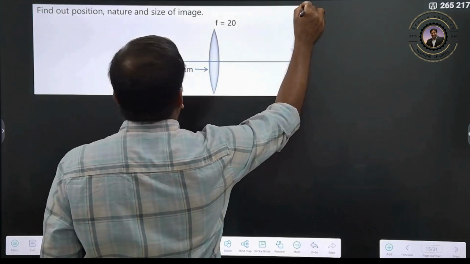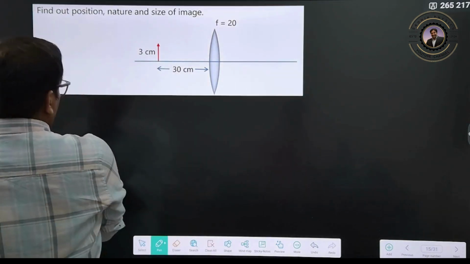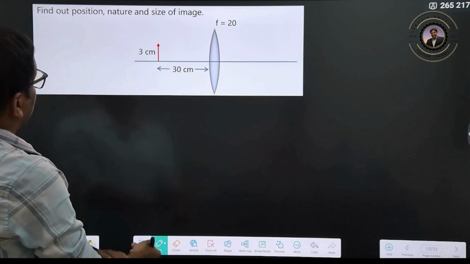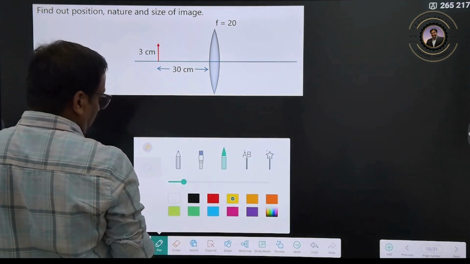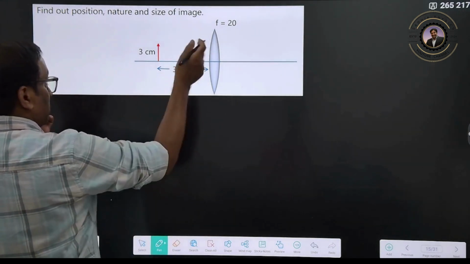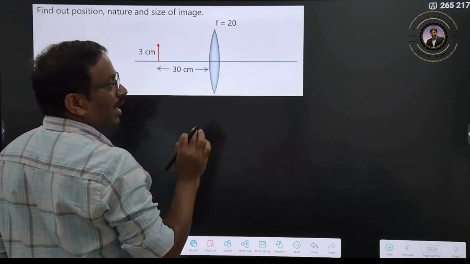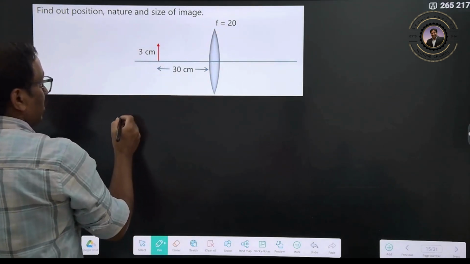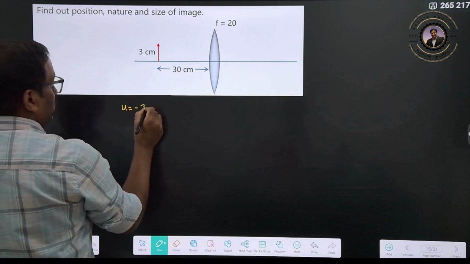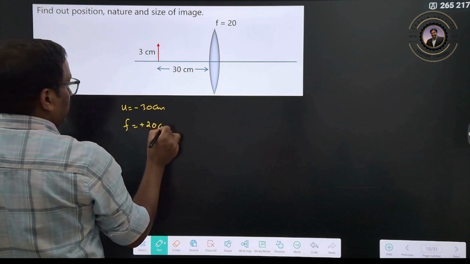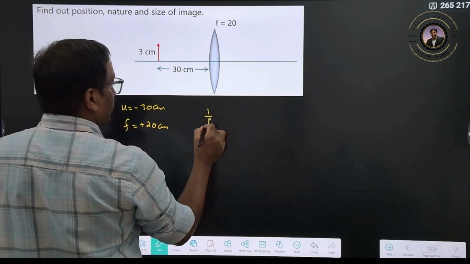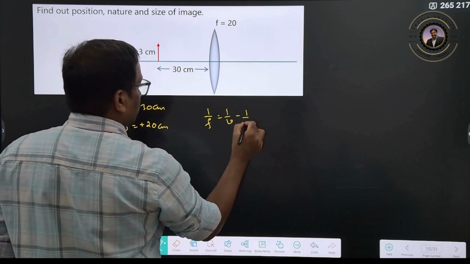So here magnification is given. Find out the position, nature and size. You know it already, so we have to use the lens formula. This is a simple line object only. Here u is equal to minus 30 centimeter. Focal length is plus 20 centimeter. So 1 by f is equal to 1 by v minus 1 by u.